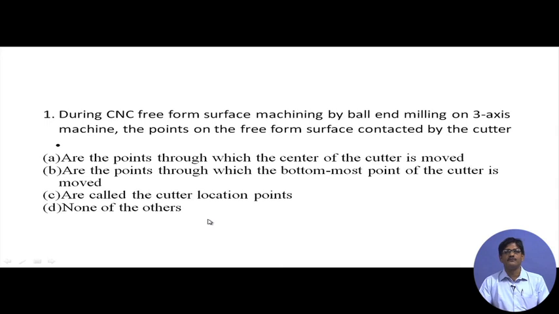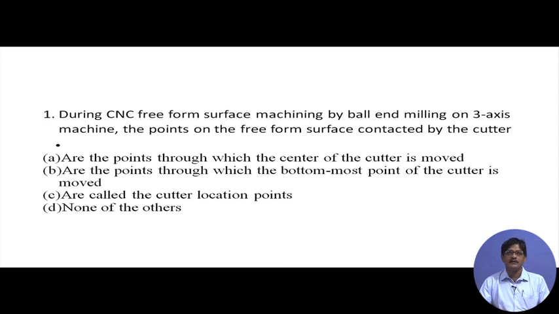During CNC freeform machining by ball end milling on a 3-axis machine, the points on the freeform surface contacted by the cutter are the points through which the center of the cutter is moved, are the points through which the bottommost point of the cutter is moved, are called the cutter location points, none of the others.